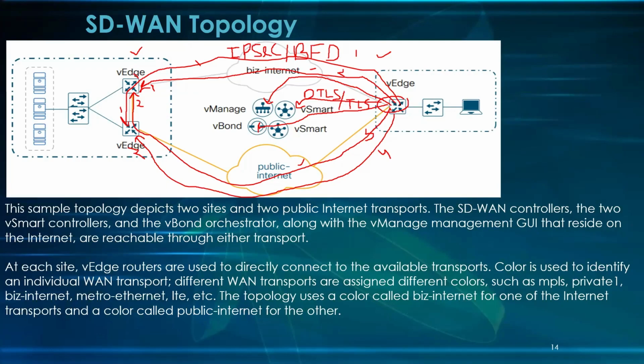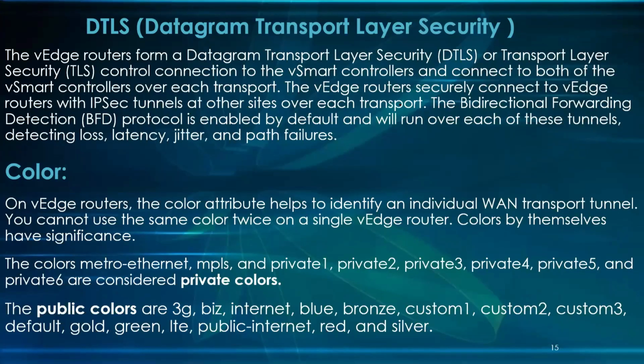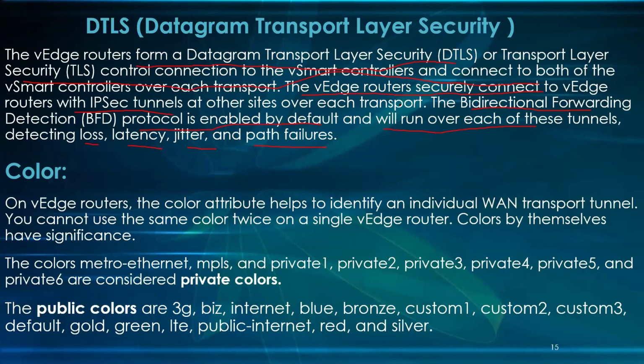Color means we are adding some tag; identifying by color means you are tagging something. When you configure, you will see these names.